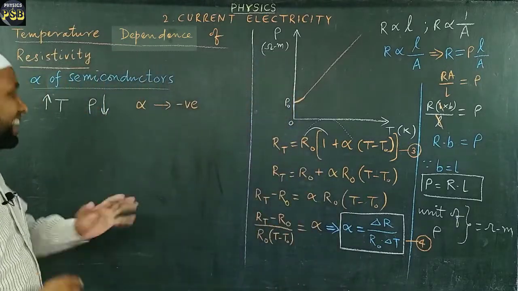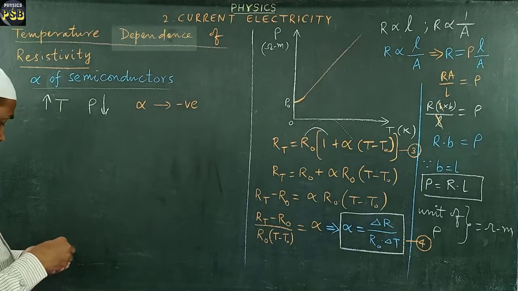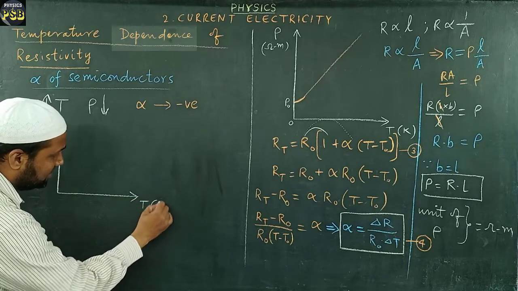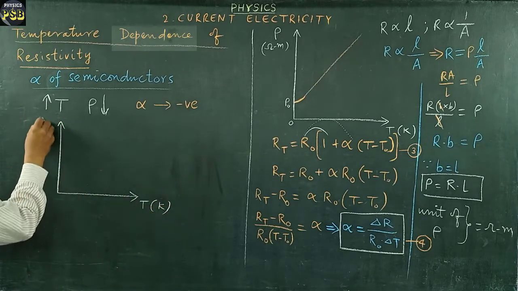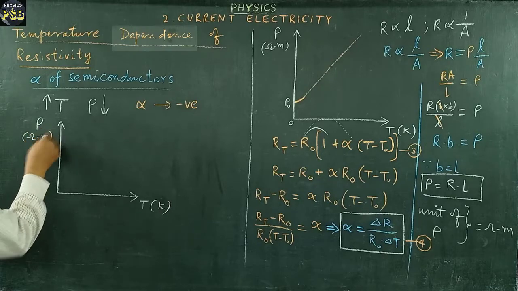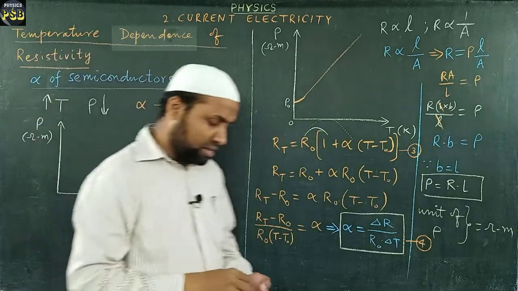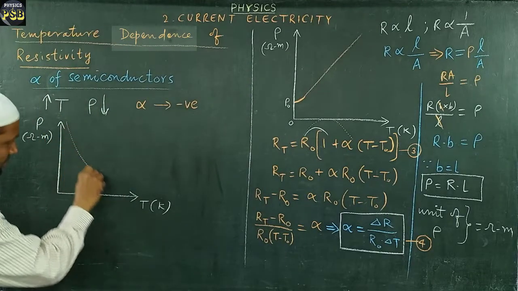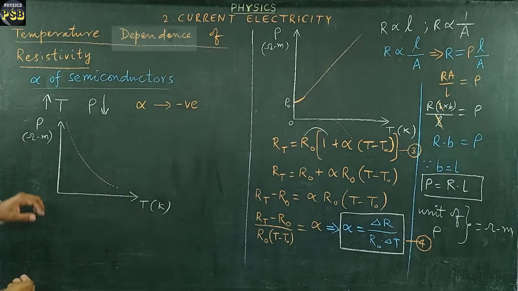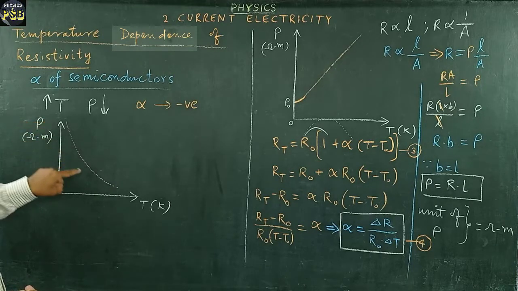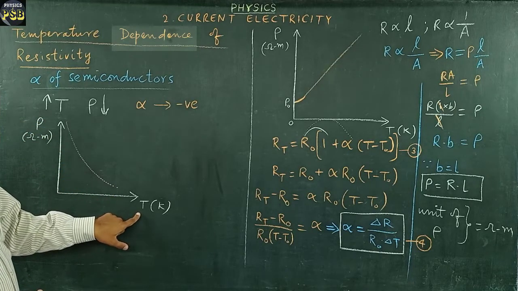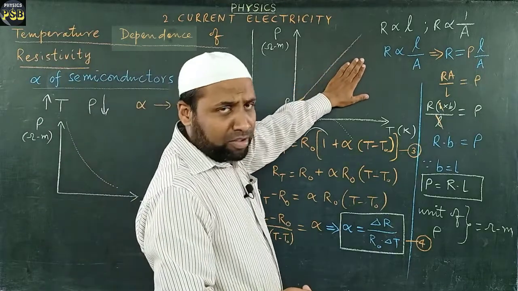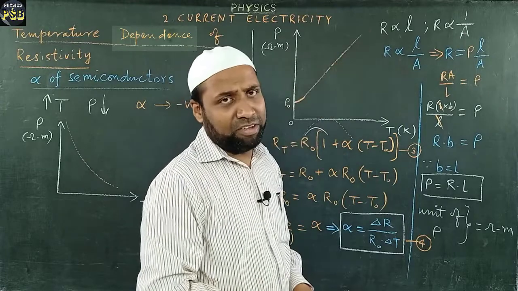Now if I draw a graph by taking temperature along the x-axis and resistivity along the y-axis, then we get a curve, something like this. This shows that resistivity decreases with increase in temperature, whereas in case of the conductor we get a linear graph.